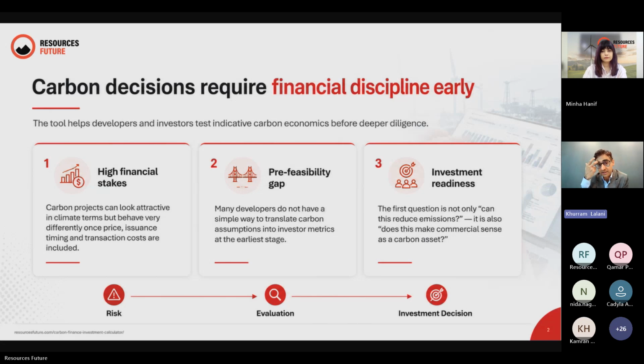The last is investment readiness, and a lot of project developers would like to seek funding. They're looking to have some sort of funding just to make sure that they can start the process, but they struggle somehow to come up with the right numbers. If you use this tool, you would essentially be able to get very detailed financial analysis.